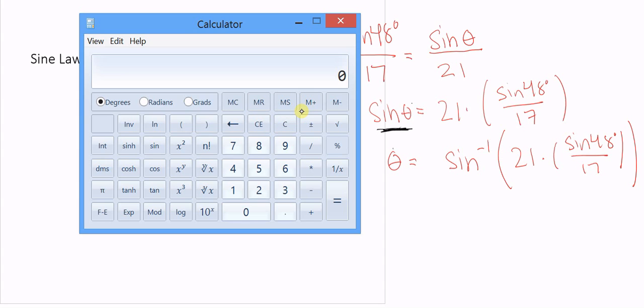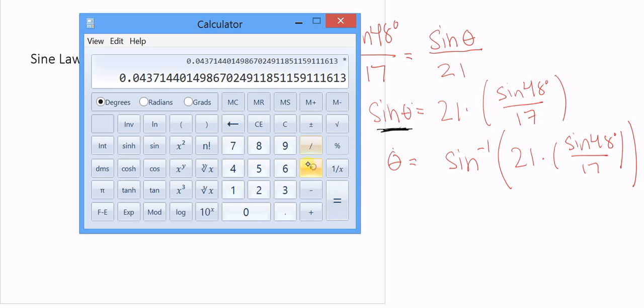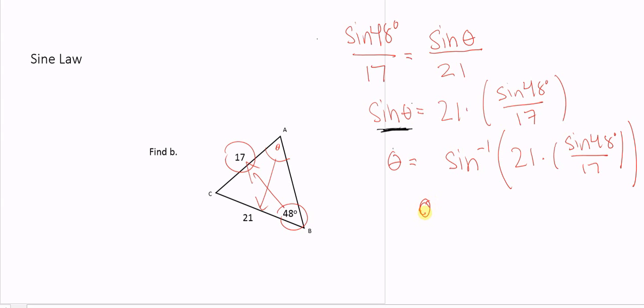So I'm going to do sine 48 divided by 17 equals, and multiply that by 21 equals, then find the sine inverse of that. 66.6 degrees. So theta equals 66.6 degrees.